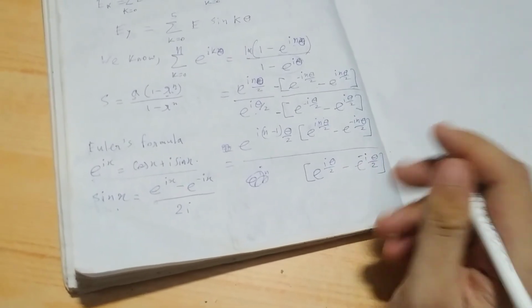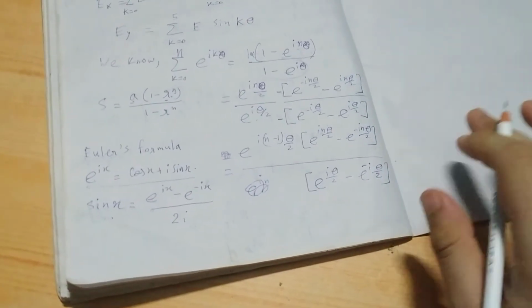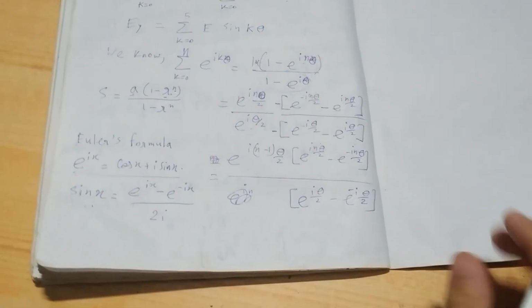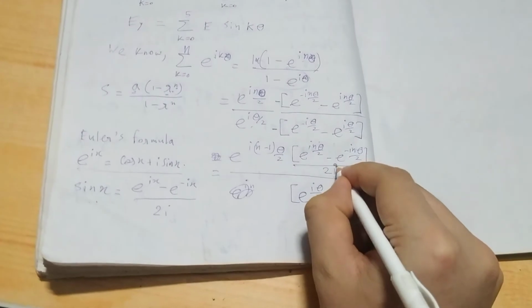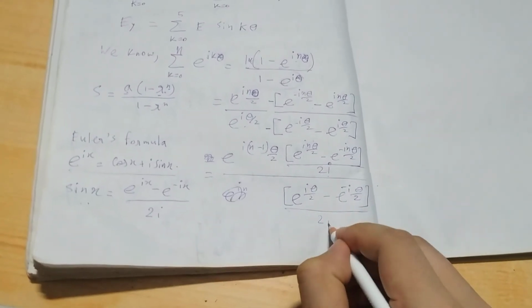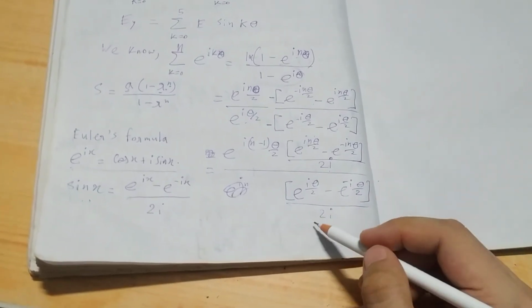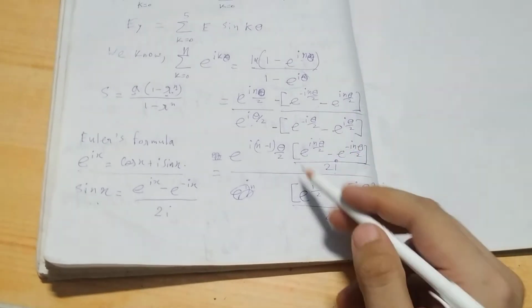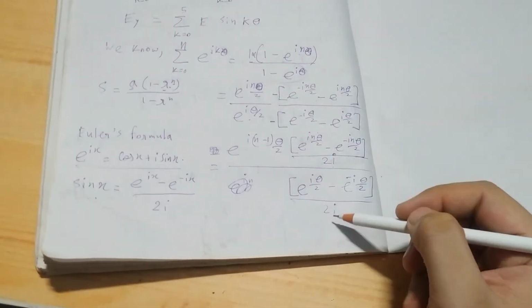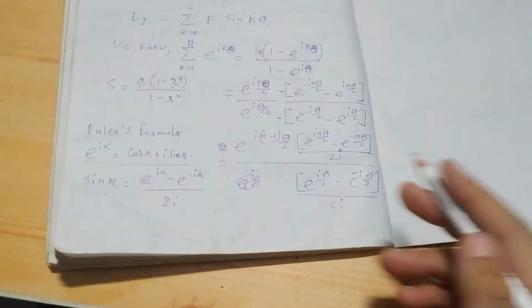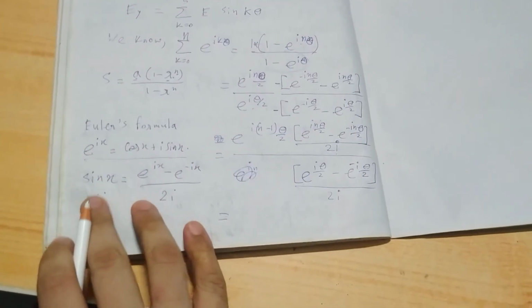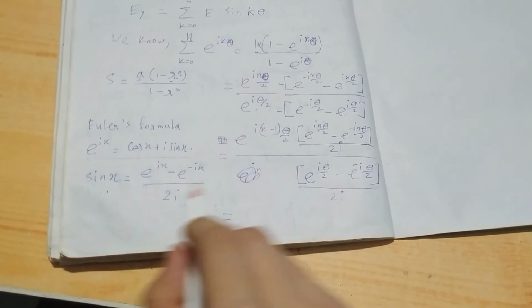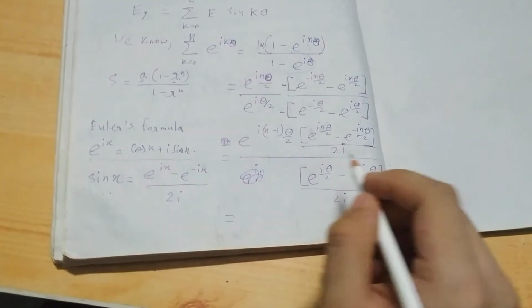Now let's see what we got here. I am dividing it with 2i in both cases, so this will cancel out. So I can just write this and the value will be the same, but now I have this format, so I can use this formula.